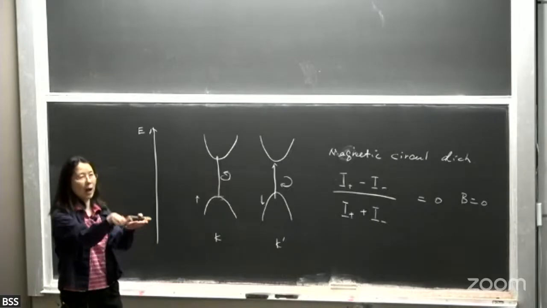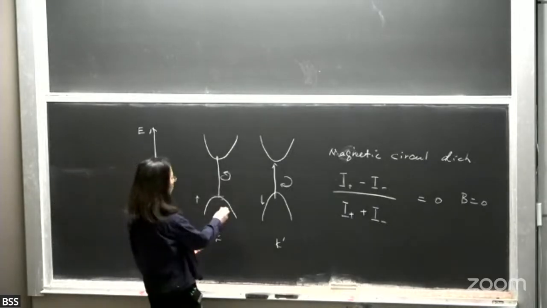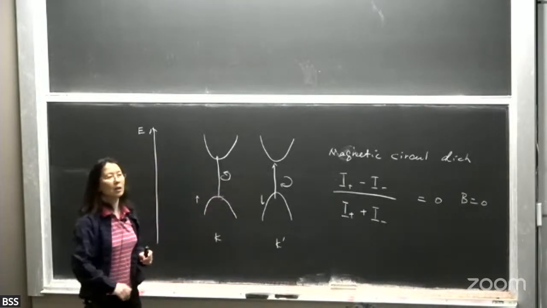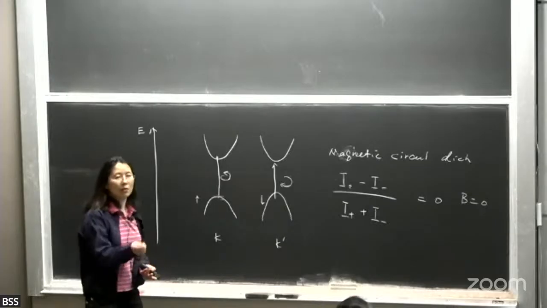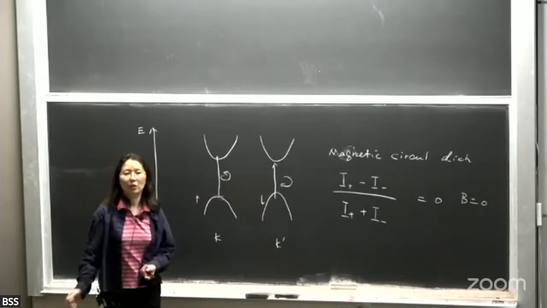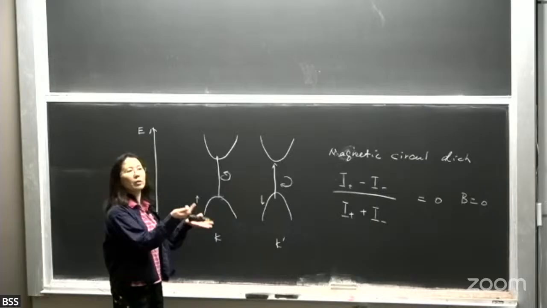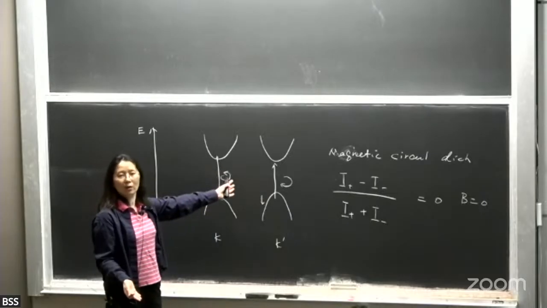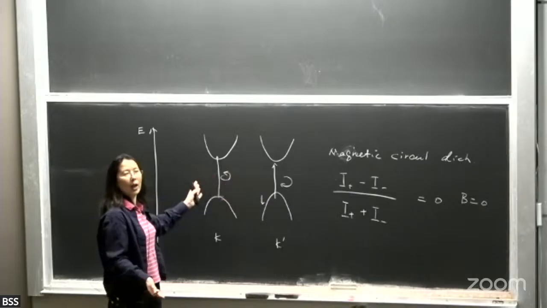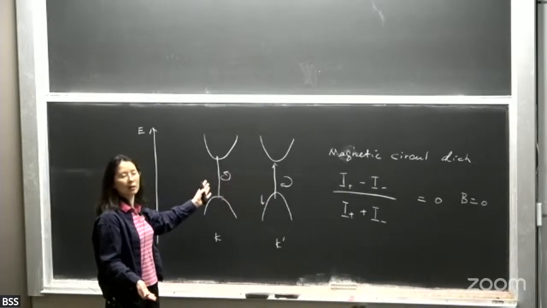But if you apply an out-of-plane magnetic field, one will be shifted down a little bit, the other one will be up. So if you have a Fermi level at a certain level, in the extreme case, you can quench one handedness and leave the other handedness intact, right?